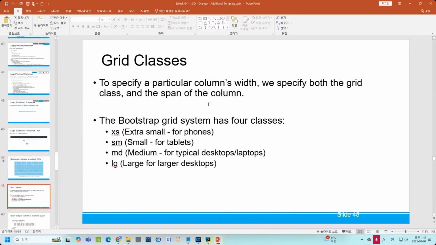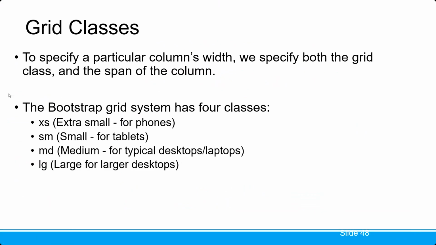And then the grid classes. To specify a particular column width, we specify both the grid class and the span of the column. So the bootstrap has 4 classes: XS, SM, MD, and LG. So XS means extra small, SM means small, MD means medium, LG means large. So you need to specify this one because every device has their own format.